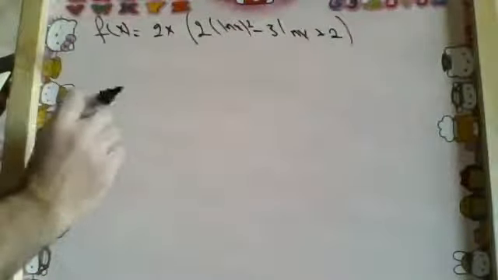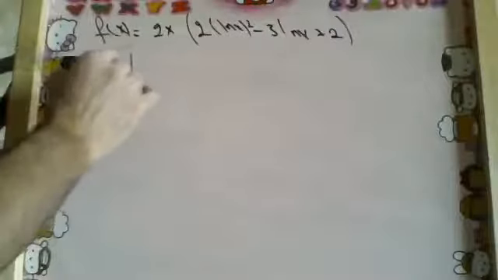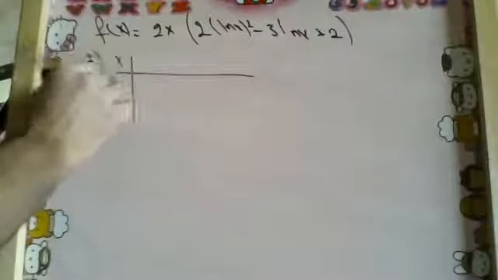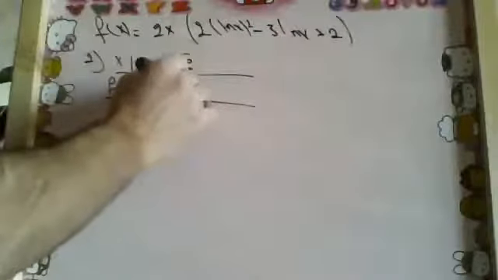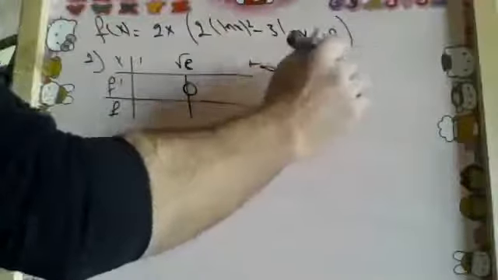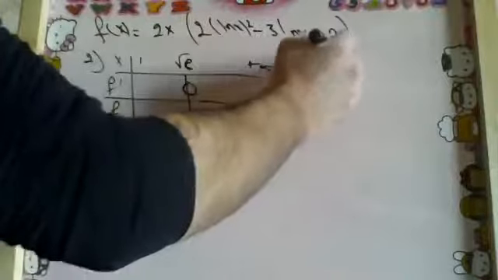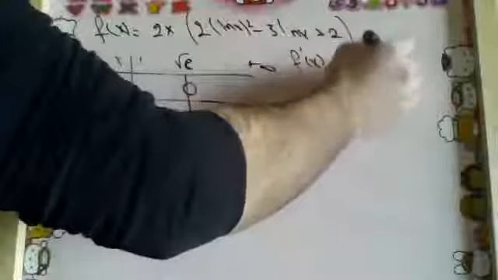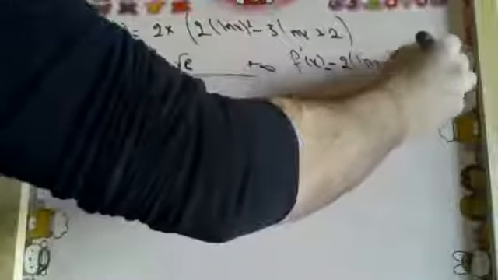And the table in part 2: x, f prime and f, we have 1, radical e, 0 and positive infinity, and we have proved that f prime of x is equal to 2 ln x minus 1 into 2 ln x minus 1 or ln x plus 1, 2 ln x minus 1.